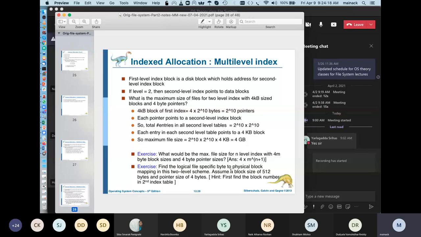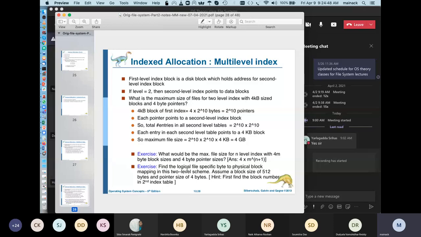The second exercise is, what would be the mapping for this scheme from logical addresses for a particular file, like accessing the lth byte, to a physical block address when block size is 512 bytes and pointer size is 4 bytes. And I put a hint here because we want you to give an algorithm that first finds the block number in the second index table, and then you have to go from there.